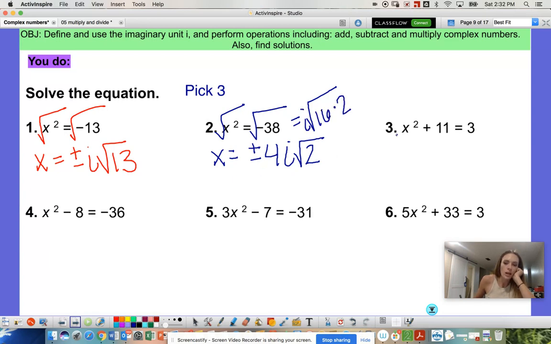And then we get 4i. Next one, subtract 11. x squared equals negative 8. And then x equals plus or minus 2i root 2.